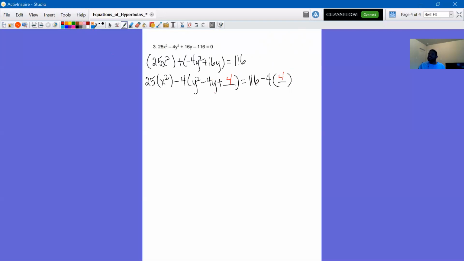And once we do that, we're going to simplify. So we have 25 x squared minus 4 times y minus 2 squared equals 100. Then we're going to divide by 100.